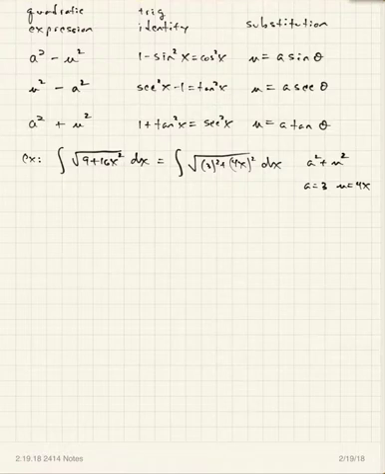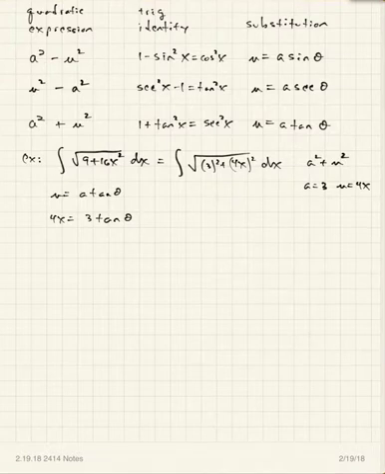And so our substitution is u equals a tan theta. So in this case, 4x would be equal to 3 tangent theta. Then 16x squared would be equal to 9 tangent squared theta.